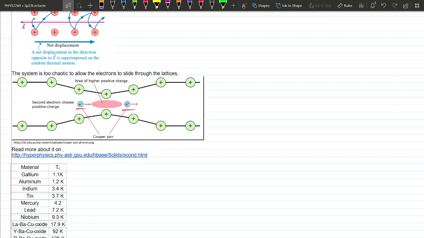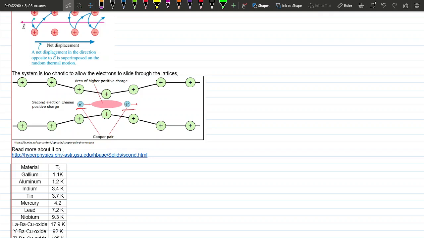Once the electrons start moving slower, the first electron passing through is going to warp the lattice. When the electron is here, these positive charges are attracted to it, so it makes a little divot, creating a zone of extra positive charge.